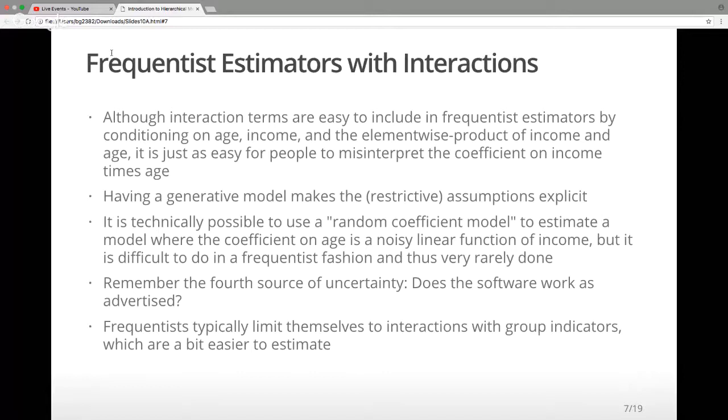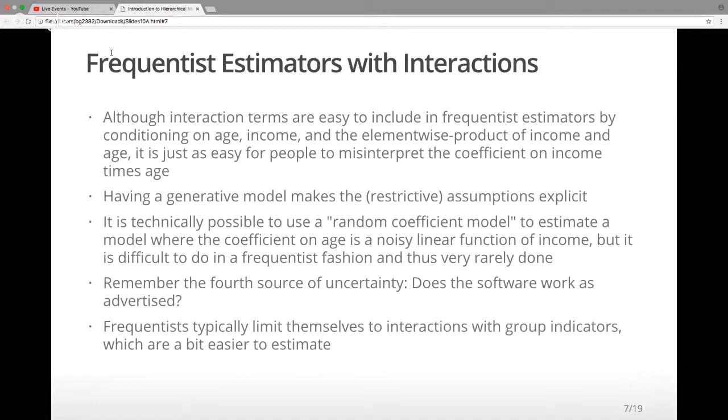Does the software that you're using to estimate these things work as advertised for your particular data? If you have something like a random coefficient model that really requires millions of observations in order to get the parameters estimated very well, then maybe you don't want to do one of those models, or maybe you do want to do one of those models.